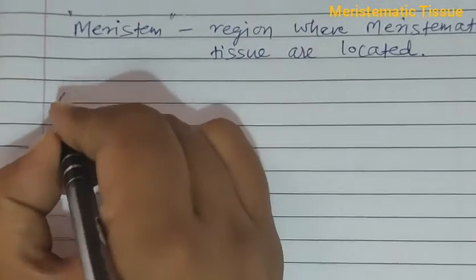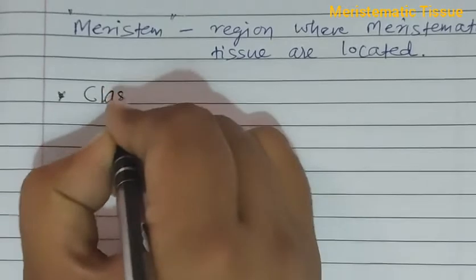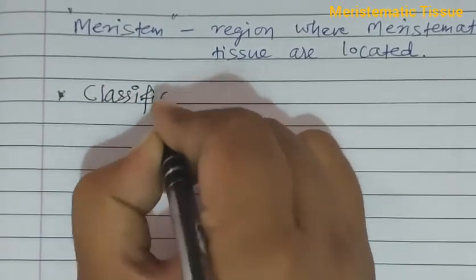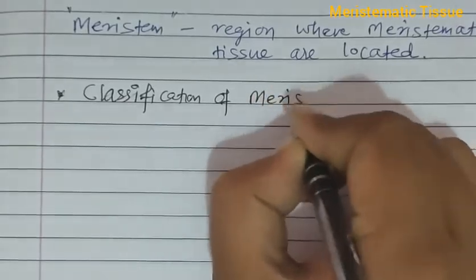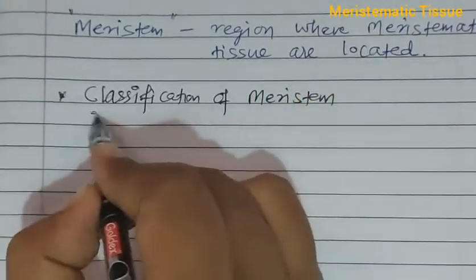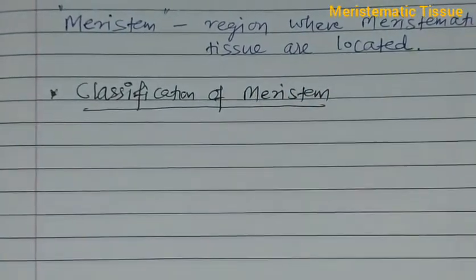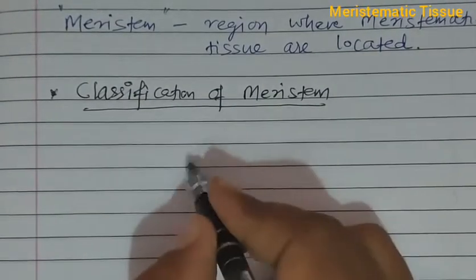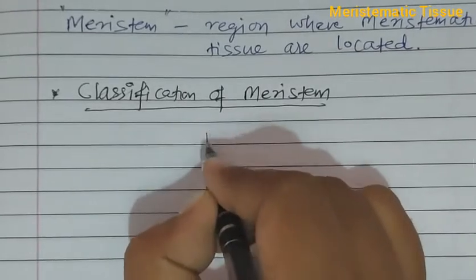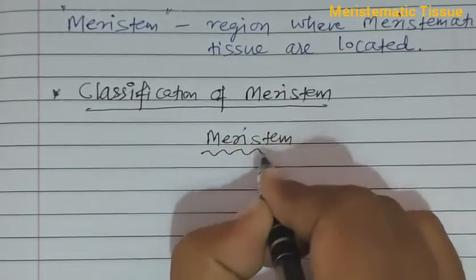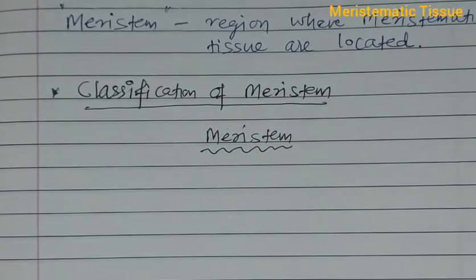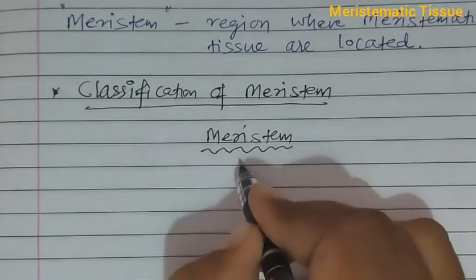Okay. So next we talk about classification of meristem. Now these meristems are classified on different bases. First we are talking about classification of meristem on the basis of origin and development.